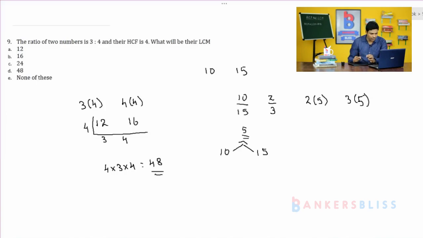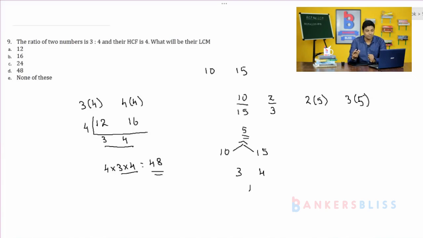One thing you have to observe here: I directly multiplied 3 into 4, without identifying the factors further. Why can we do it like this? Because of the HCF between 3 and 4. 1 is the HCF between 3 and 4, because 1 is the only number which divides both 3 and 4 at a time.